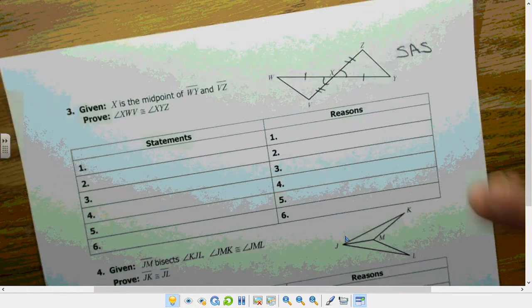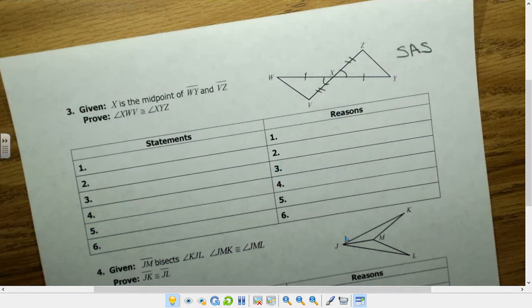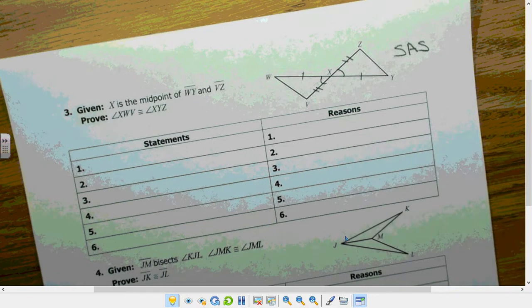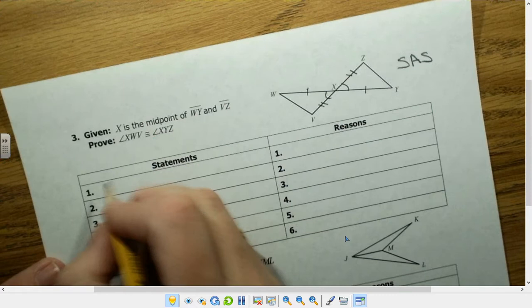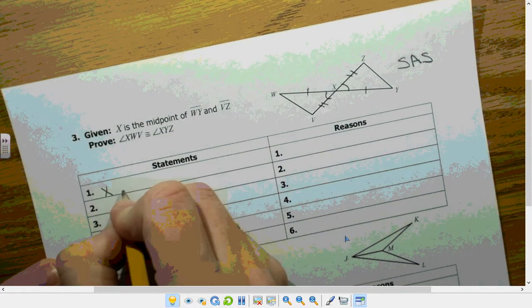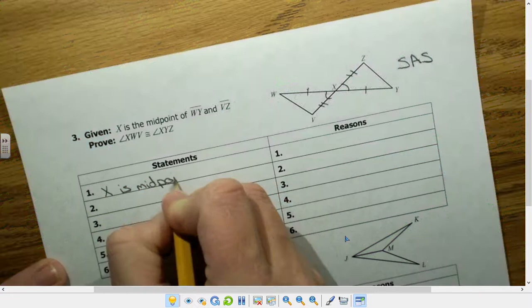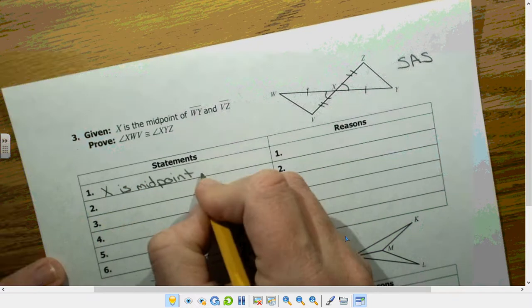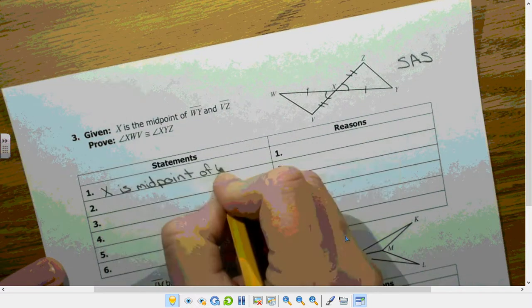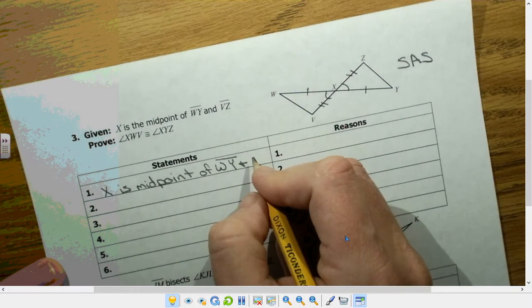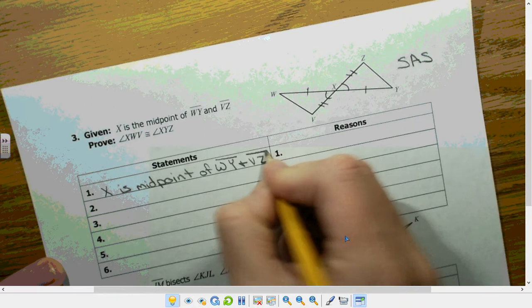Now that we know kind of the strategy that we're going to use, we need to work ourselves logically through the steps. So we need to talk about what's given. So X is the midpoint of WY and VZ, and that's a given.